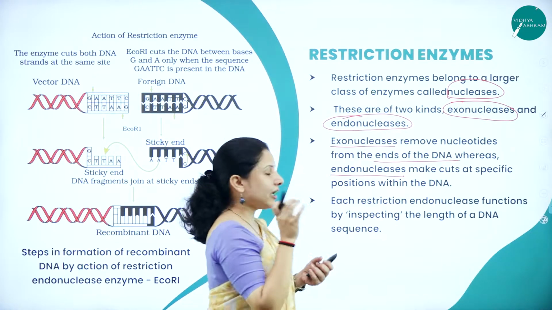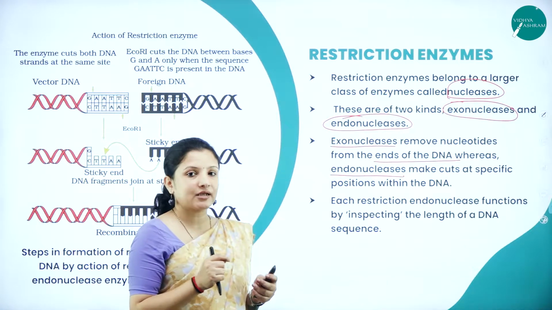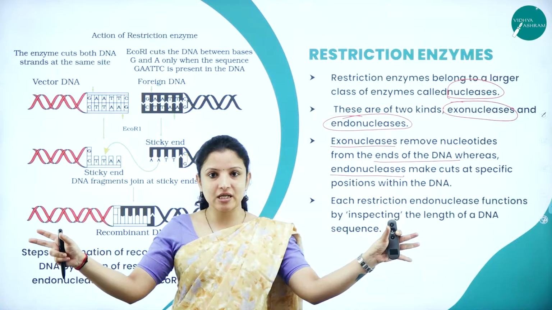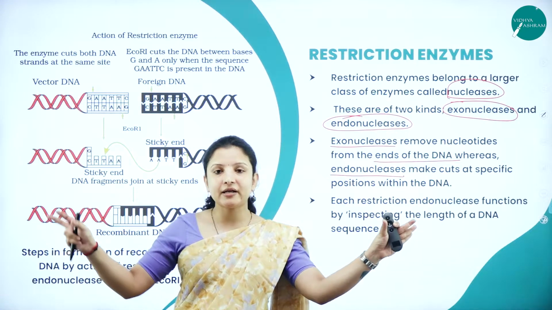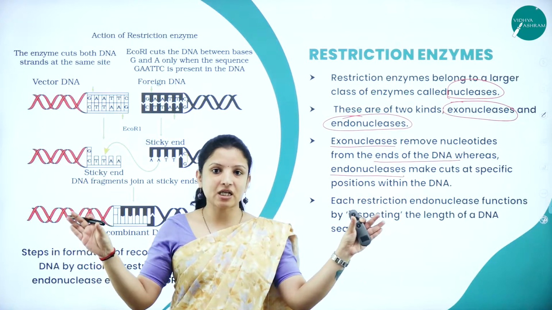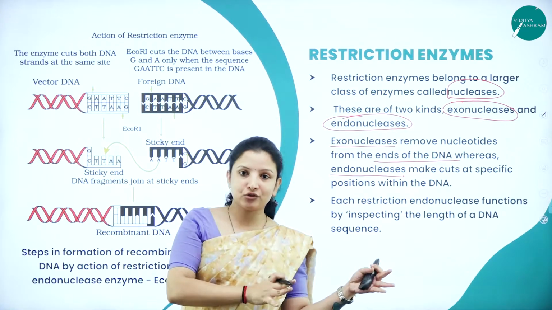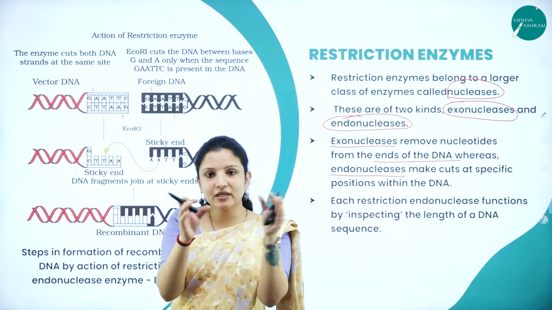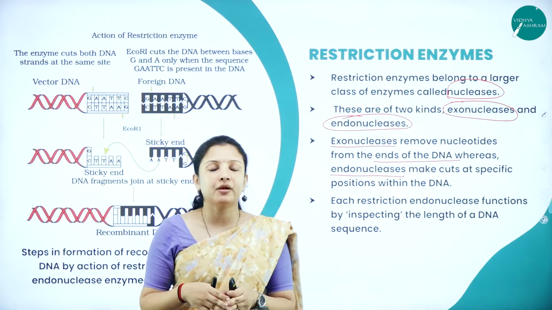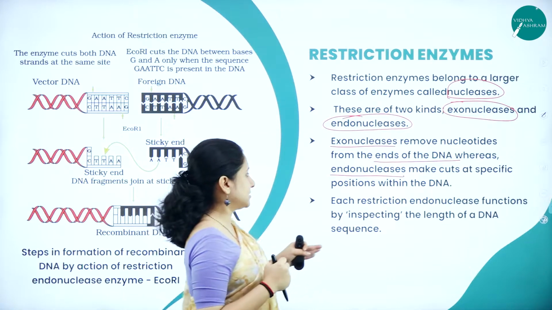Whereas endonucleases make cuts in between, that is, within the DNA. That is why it is called endo. Exo is the opposite, that is, the two ends of the DNA, towards the 5' end and the 3' end. If a restriction enzyme is capable of cutting at the ends of a DNA strand, then it belongs to the exonucleases. And if enzymes are capable of cutting inside the DNA strand, in between, then they are called endonucleases.